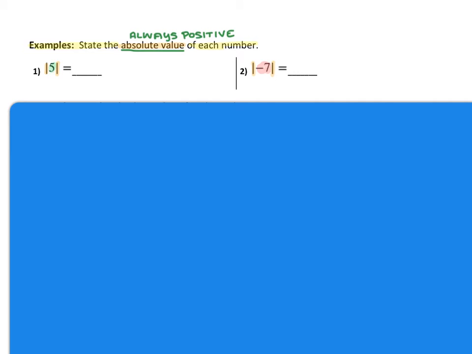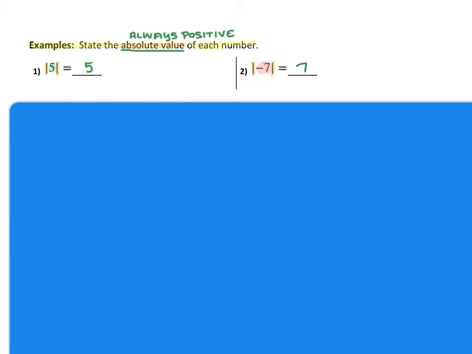So on example 1, when we're taking the absolute value of positive 5, we know our answer is going to be positive 5. 5 is 5 distances away from 0. And then similar to example 2, when we're taking the absolute value of a negative number, negative 7, by definition, we're just counting how far negative 7 is from 0 on the number line, and we can count 7 distances, so it's a positive 7.